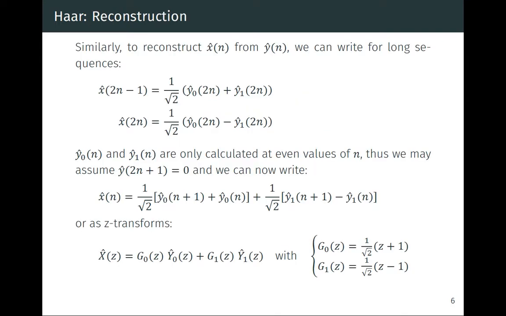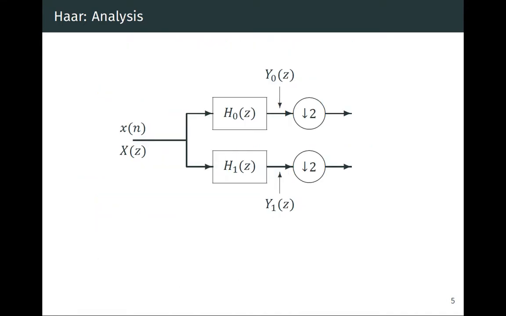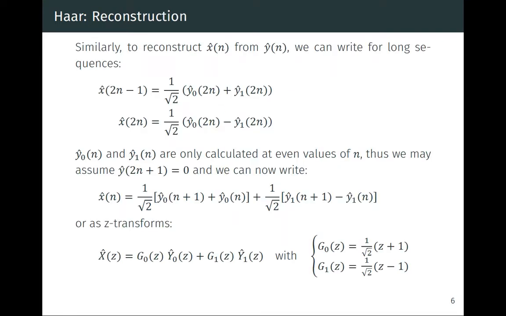So then you have the reconstruction. We know how to encode, to get the Haar transform level 1, and now we need to be able to decode it. Basically, it's a very similar operation, because we know it's just the inverse. So we can do the same, and the argument goes as follows.